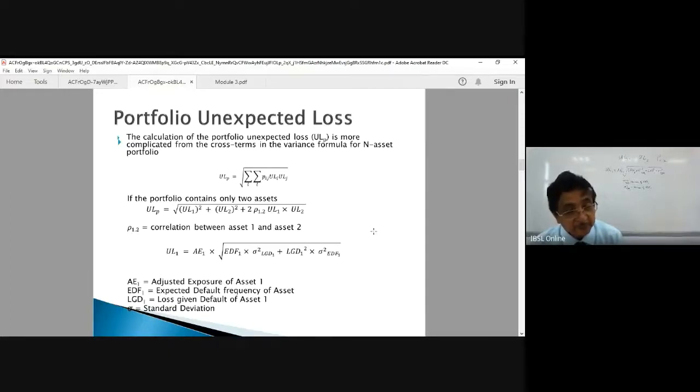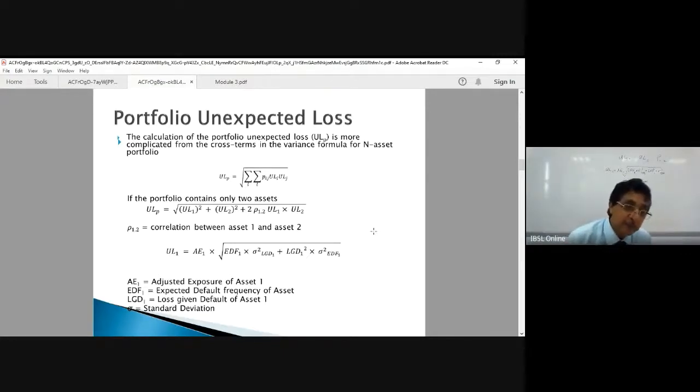And in this case, you calculated UL1 and UL2 both. And when you know UL1 and UL2, you should be in a position to calculate the portfolio unexpected loss, assuming that these two loans are in the portfolio.